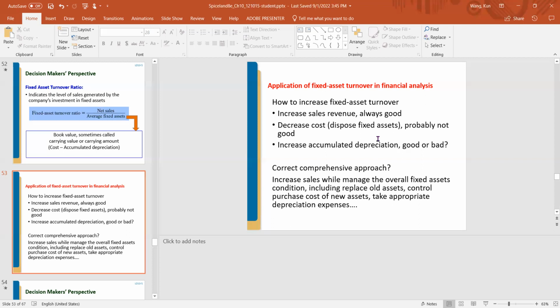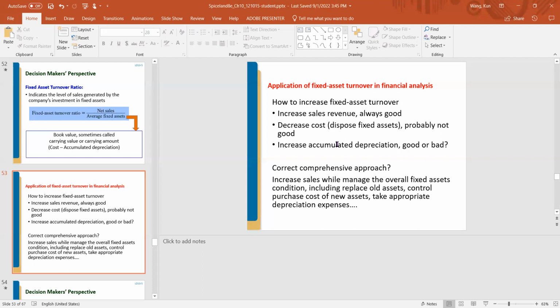The other way you can decrease the bottom number is to increase your accumulated depreciation. But this is uncertain, depending on why you take the depreciation. Normally, you need to take regular depreciation based upon the approach you chose.